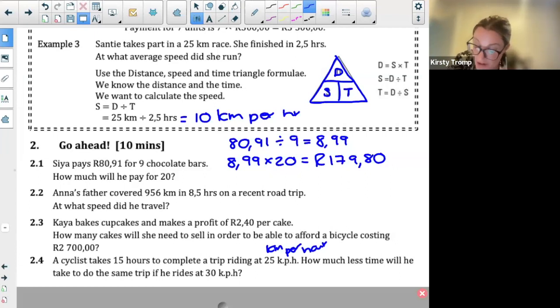2.2. Anna's father covered 956 kilometers in 8.5 hours on a recent road trip. At what speed did he travel? So we're going to go into the speed calculation here.